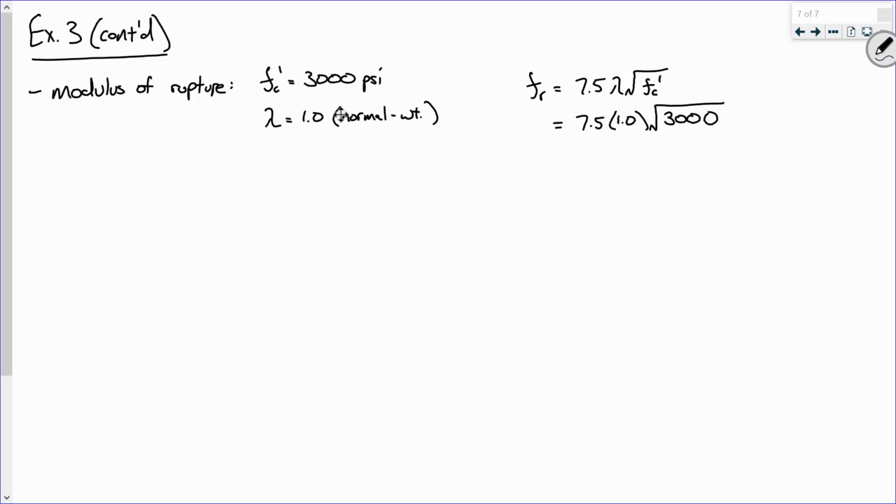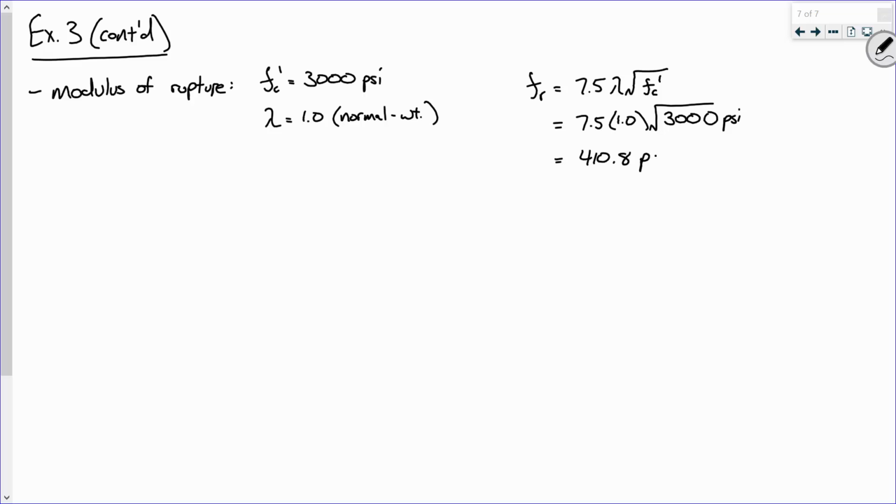Remember, anytime you see that square root of f'c, you plug in psi, you get out psi. So what's that come out to be? 410.8. And that's what you got? Okay.